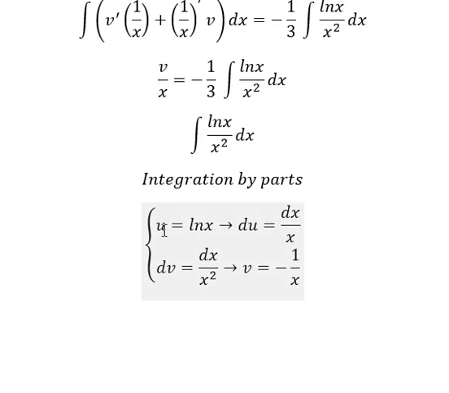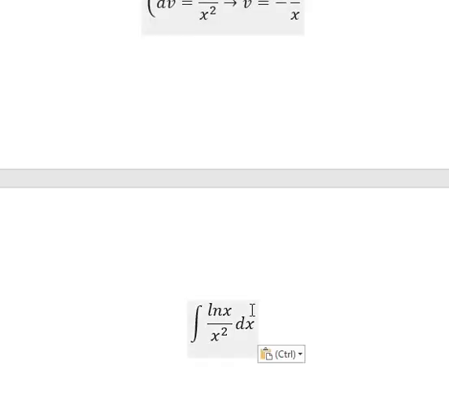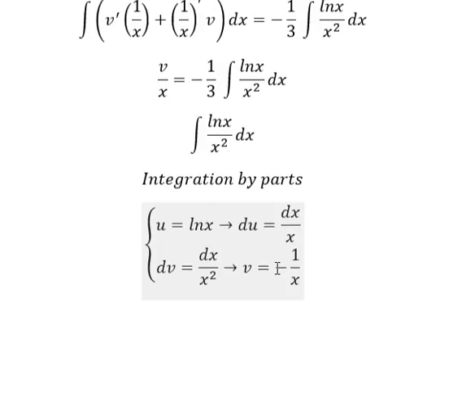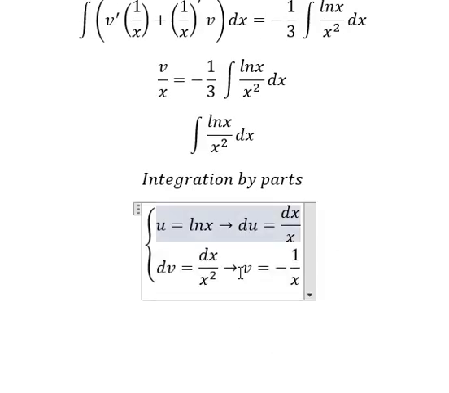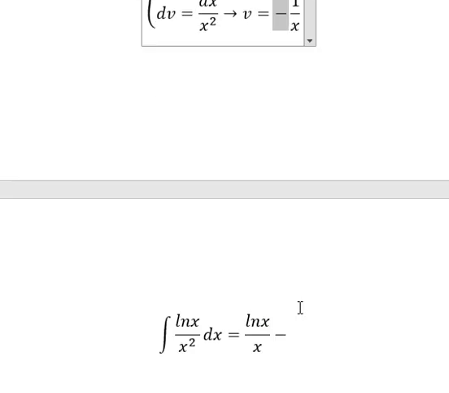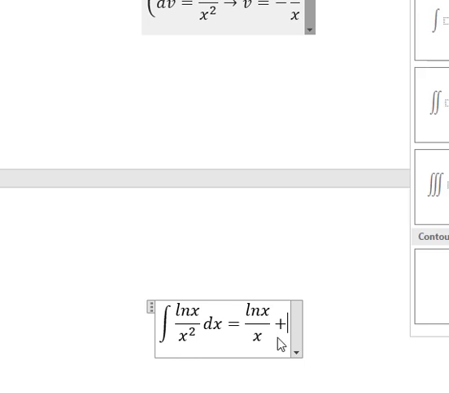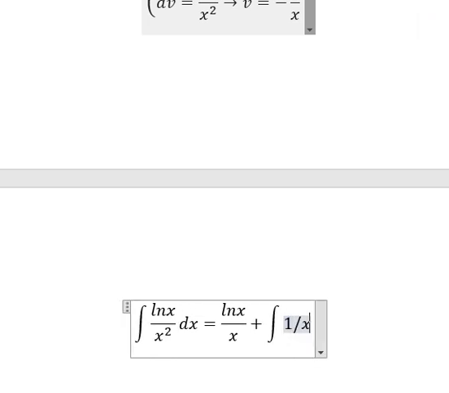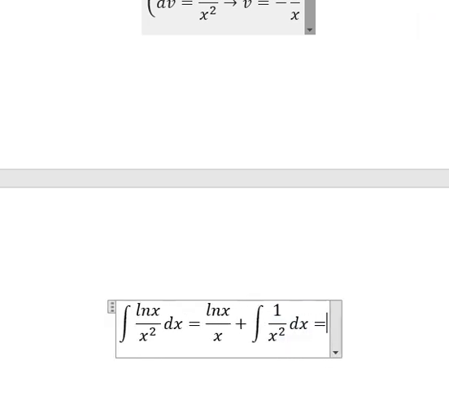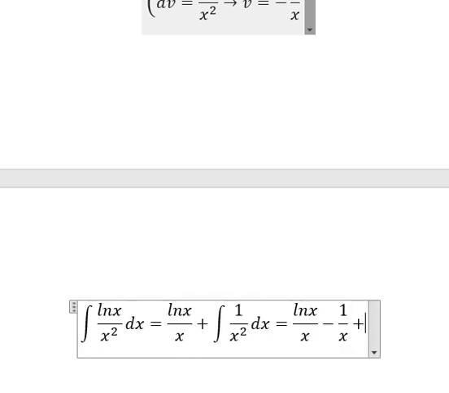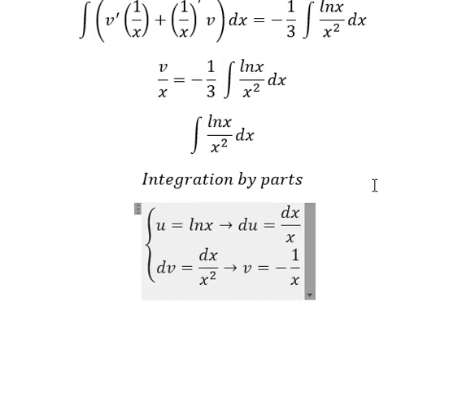So we have u multiplied by v minus the integral of v du, so negative and negative, we have positive, and then we have the integration of 1 over s squared ds. So the integration of this one, we have negative 1 over s, and I will put c.